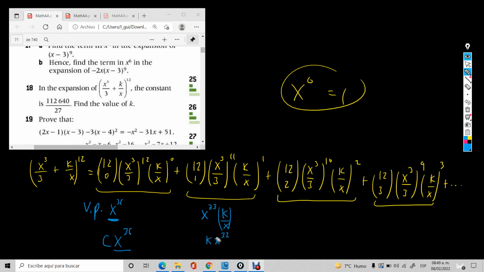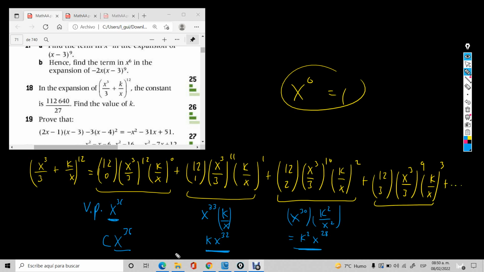So the variable part of this one is going to be k times x to the 32. And what about this other? x to the 3 to the 10, that's going to be x to the 30. And then this squared is going to give you this. Multiply these two, and you'll have k squared times x to the 28. Am I correct? Yes. Okay.